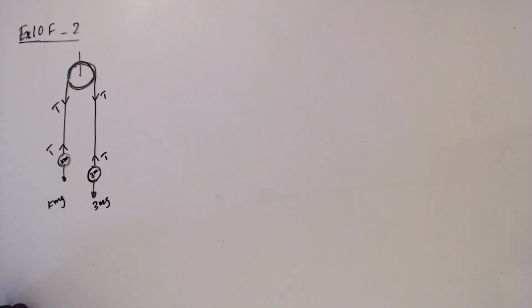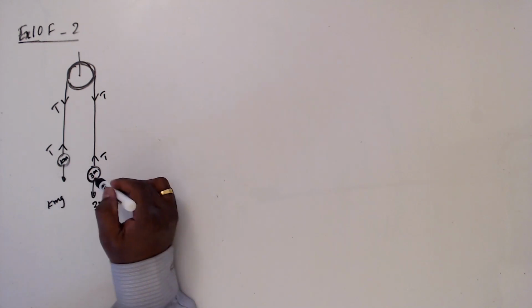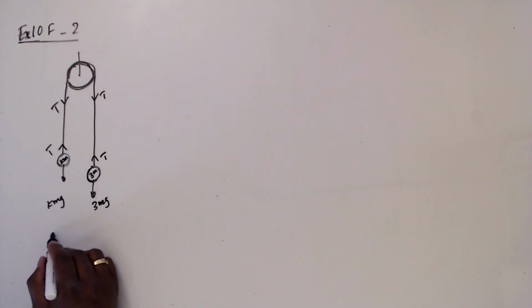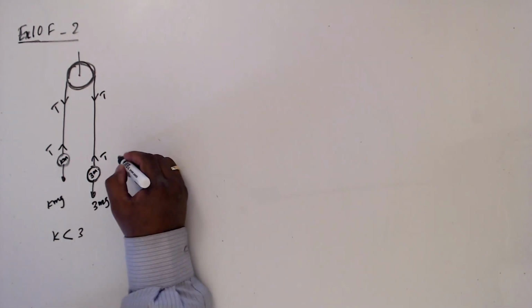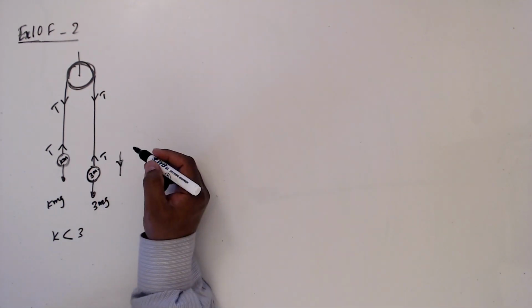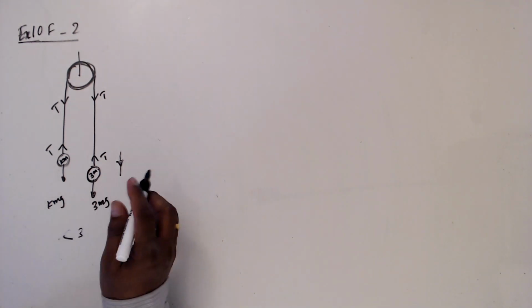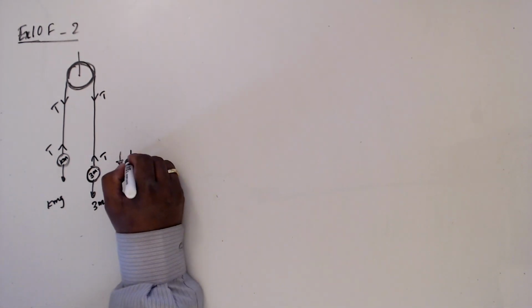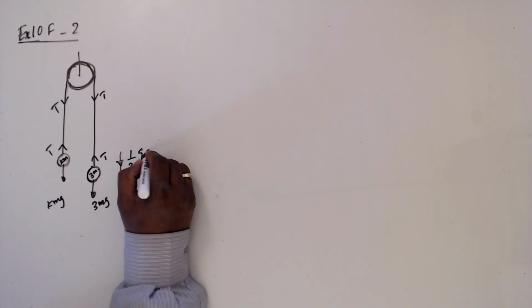Now which one is heavier, km or 3m? They give the guideline k less than 3, so 3m is heavier. Then we are expecting when it's released, it's coming in this direction, and the acceleration is given as 1 over 3 g ms^-2.